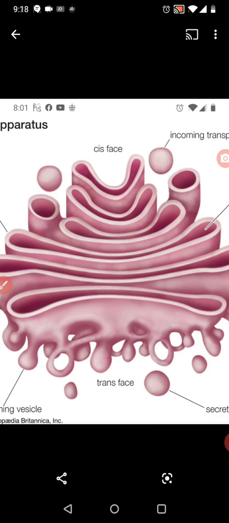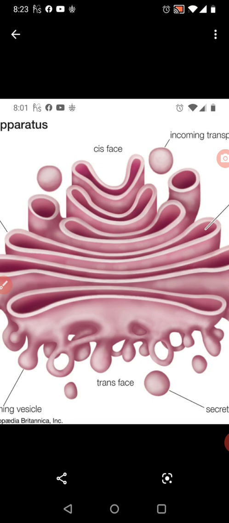Now, when we talk about this Golgi apparatus, there is a function also, a very important function. But if you see the structure of the Golgi apparatus, children, there are two phases. The first is the cis phase, and the second is the trans phase. Now, what is the cis phase, children? The cis phase means it is towards the nucleus.